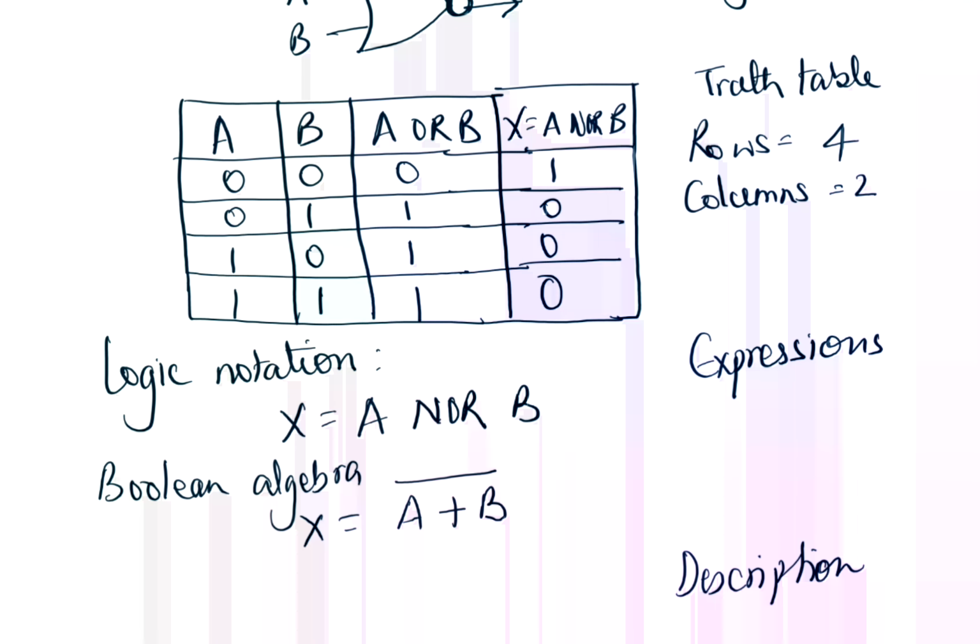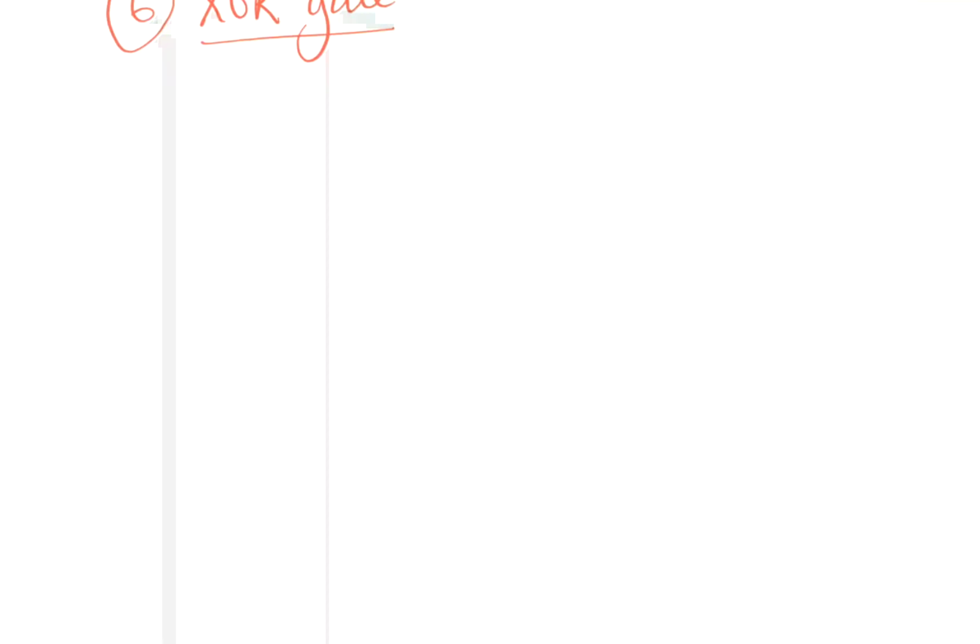So here the output X is equal to 1 if both or all inputs are 0.